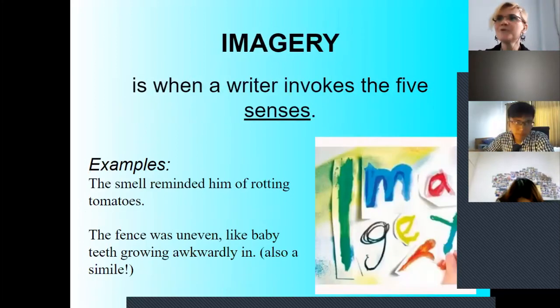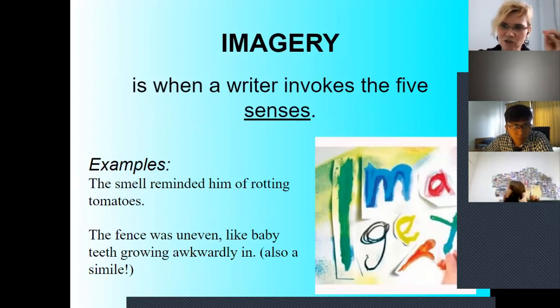Okay, here we come to the point of imagery, what I talked about with you. So you're invoking, you're creating these senses, but they're all imaginary in your head. The smell reminded him of rotting tomatoes. So basically, you can use vocab that imaginarily makes you smell, see, hear, even feel things. Super strong.